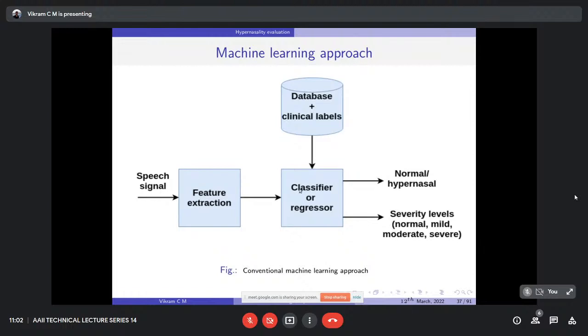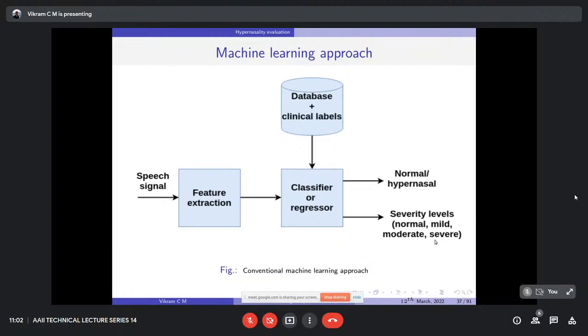But the problem is, to develop such a system, you need a lot of data for different categories. If you want to do severity level classification for normal, mild, moderate and severe, we need a lot of data.